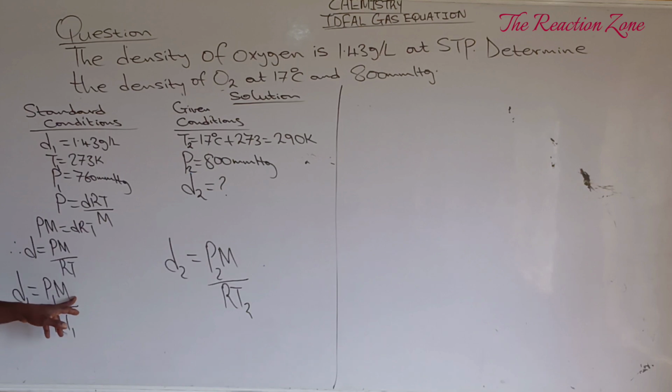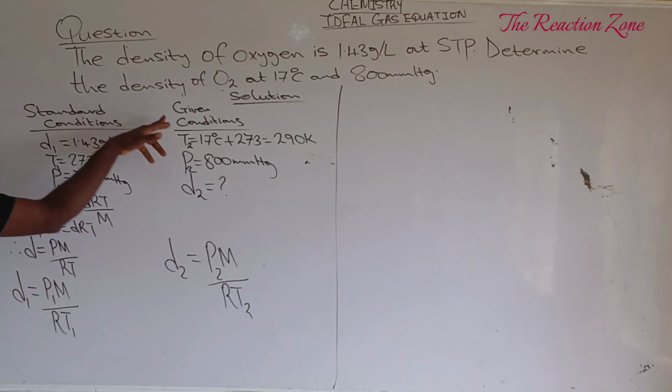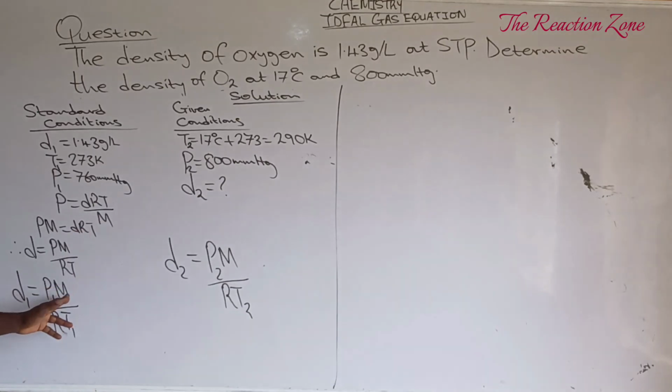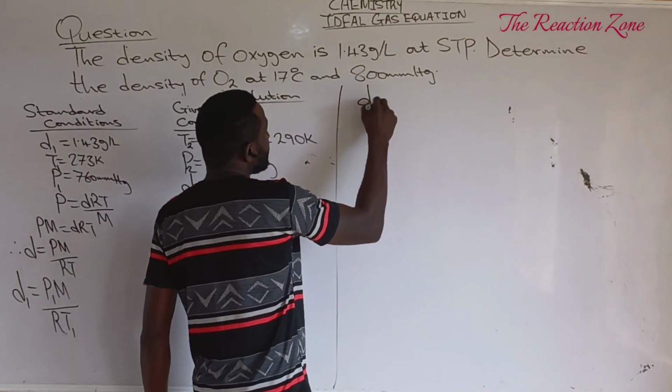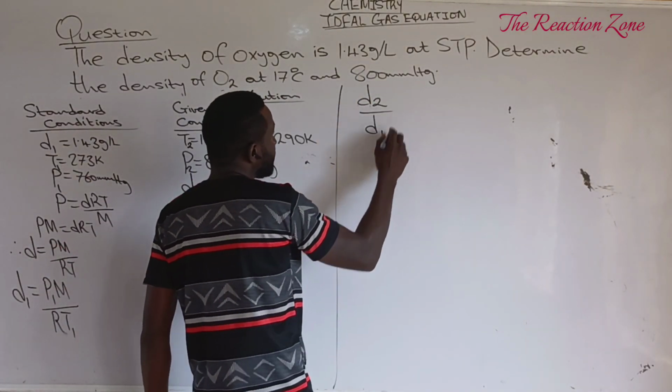The value of M is the same under standard conditions and given conditions. M here stands for the molecular mass of oxygen. The molar gas constant is also the same. So we decide to do D2 divided by D1.